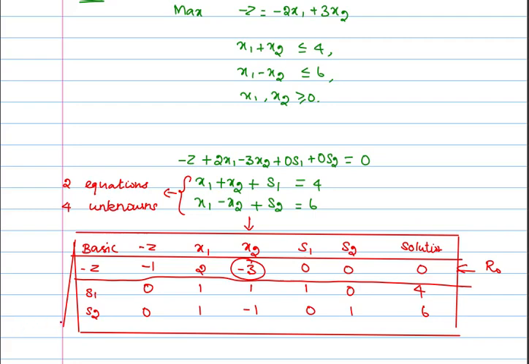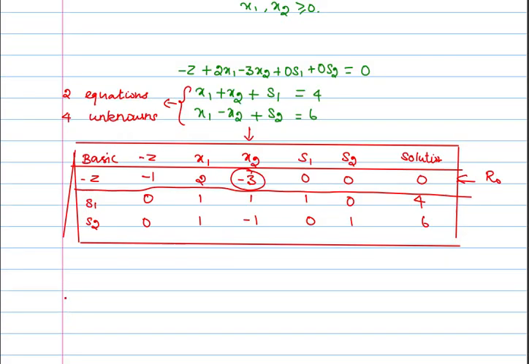Next, some variable is going to be removed from the basic variables, correct? Either s1 or s2. I take this column, which has 1 and minus 1. So 4 divided by 1 is the ratio, 4, and the other is minus 6, which we don't want to consider. So we take s1 as the new non-basic variable and x2 is the new basic variable.